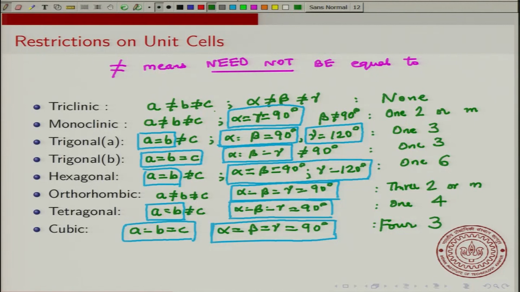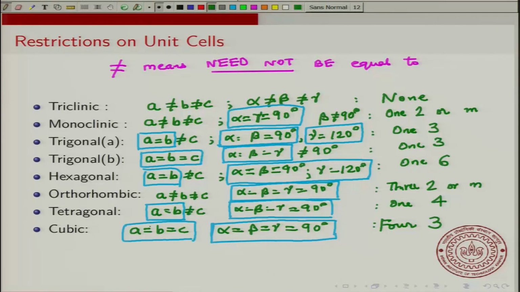But what you know is that for a cubic system, the unit cell has to satisfy A equal to B equal to C, alpha equal to beta equal to gamma equal to 90 degrees, but it does not imply that every unit cell that has A equal to B equal to C and alpha equal to beta equal to gamma equal to 90 degrees corresponds to a cubic crystal.